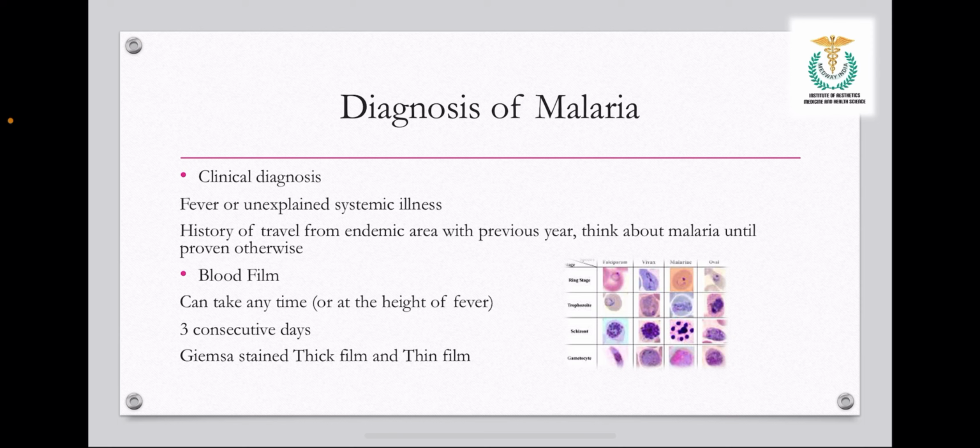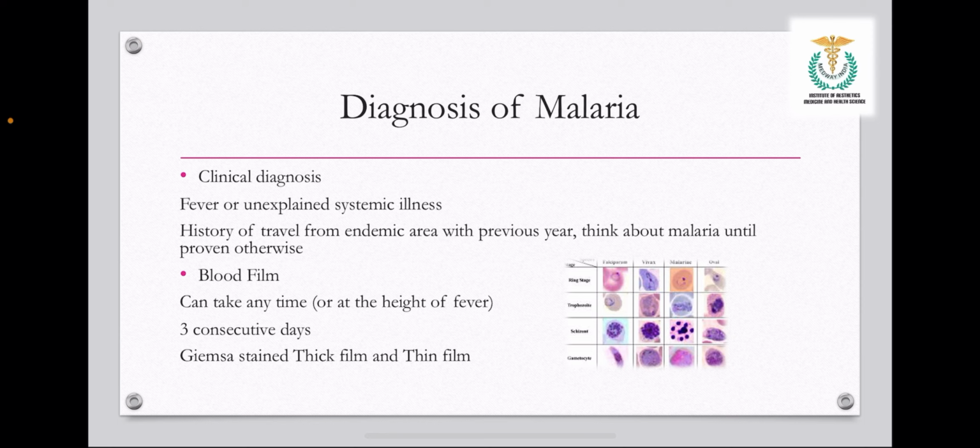The thin film is essential to confirm the diagnosis, to identify the species of parasite, and to quantify the parasite load by counting the percentage of infected RBCs. So this is the thick film and thin film you can do for the diagnosis of malaria.